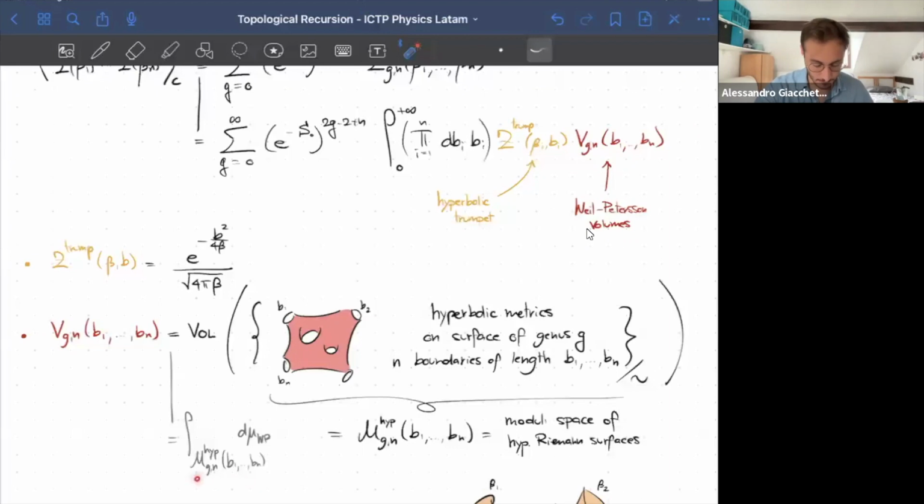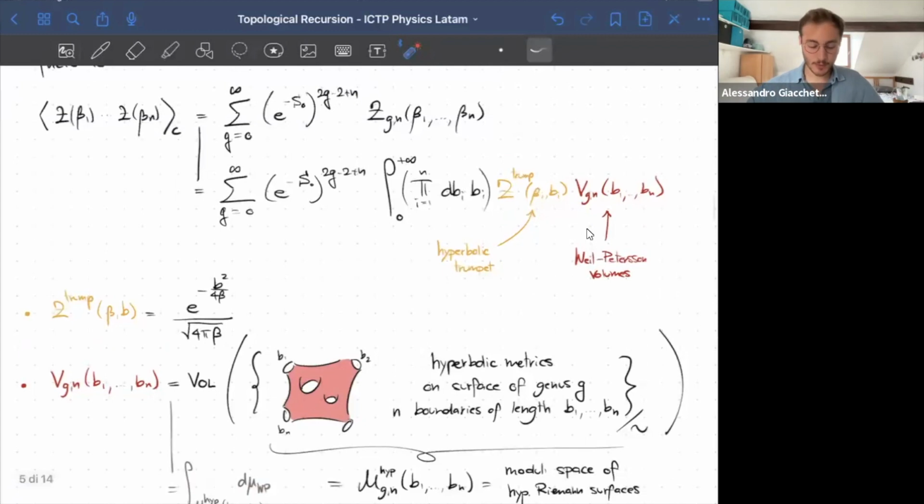So it's an integral over the moduli space of hyperbolic metrics of a certain volume form known as the Weil-Petersson form. And so the upshot is that if you are trying to compute this correlation function in JT gravity, here everything is known except for these volumes.